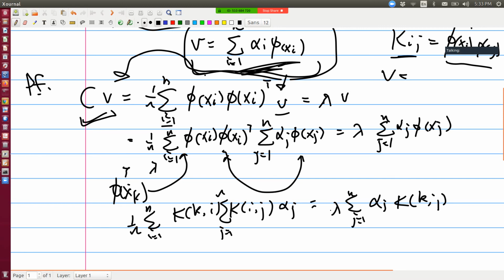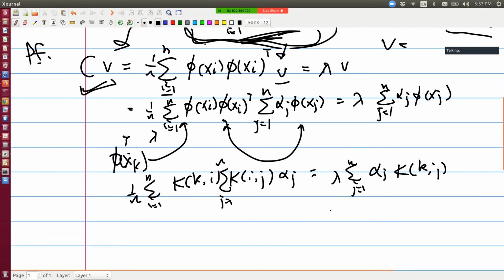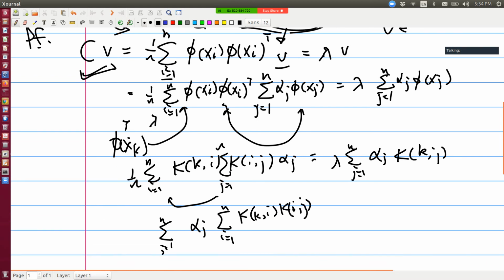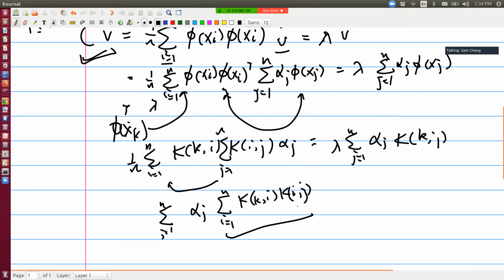Then for this one, I can move this summation around. I can move the summation over j equal to 1 to the front, and as I put alpha j here, and then have i equal to 1 to n, this K ki K ij here. So you see that this is actually just the kj element of the K squared matrix, right?